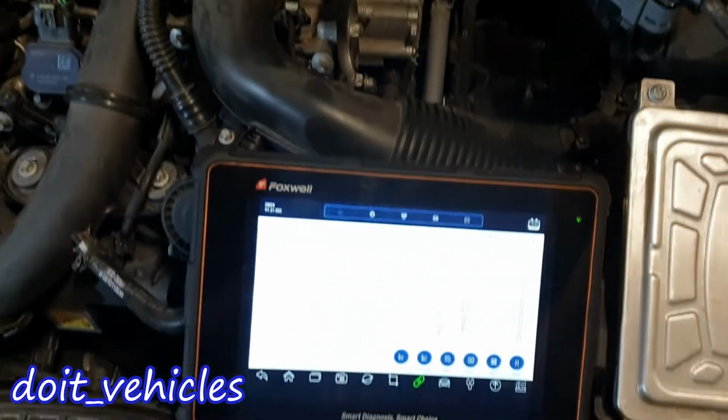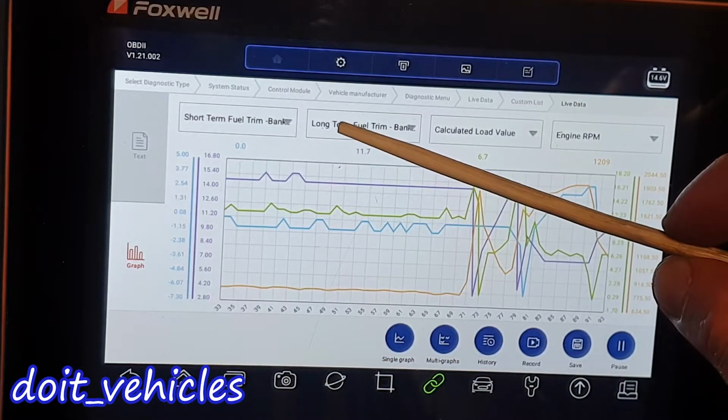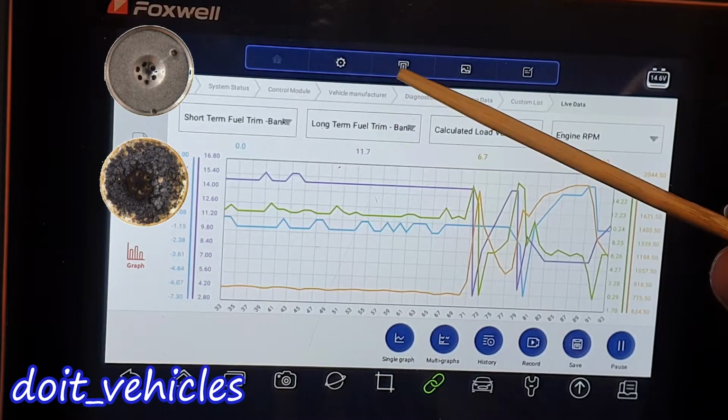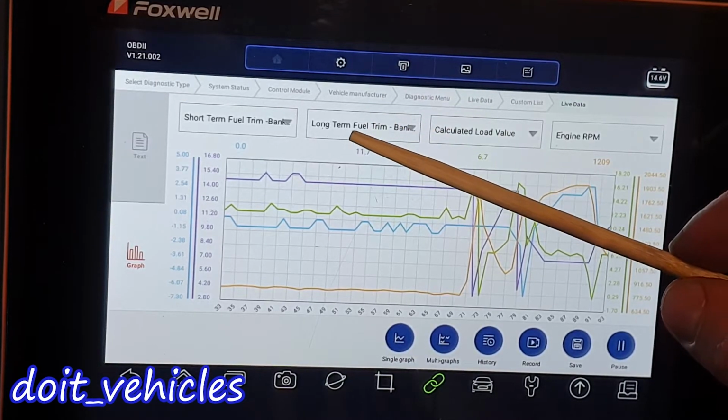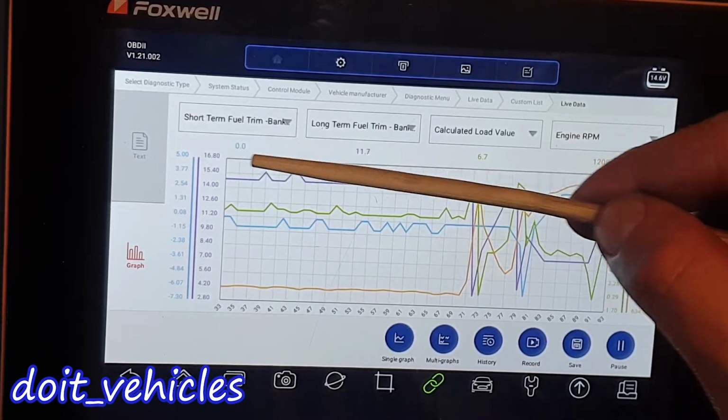On the live data we're going to see a slightly increasing positive number in the fuel trim if the injector is clogged or is not spraying enough fuel because of a high pressure fuel pump problem. And we're going to see a negative fuel trim either on the short term or long term.